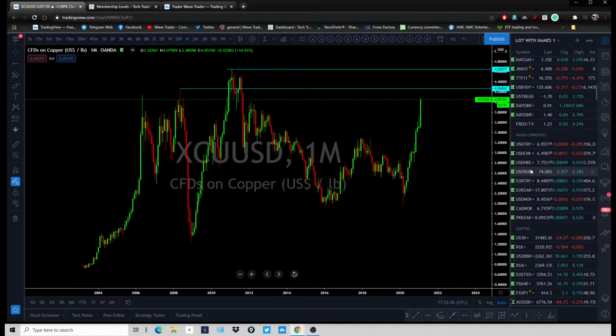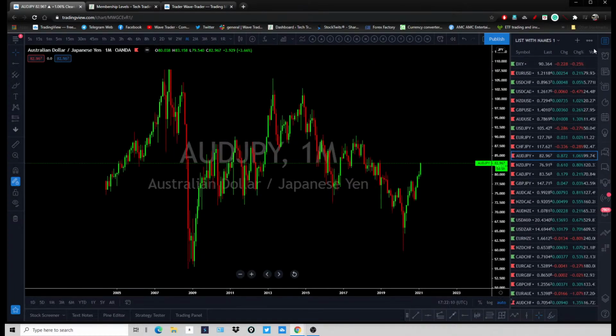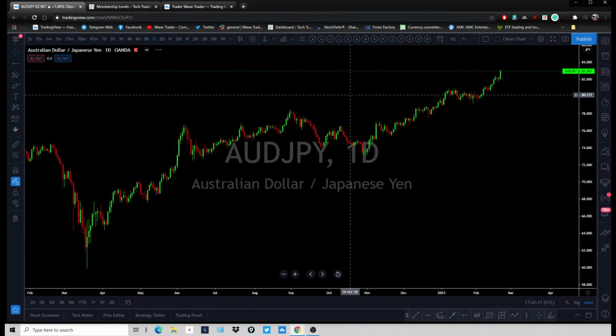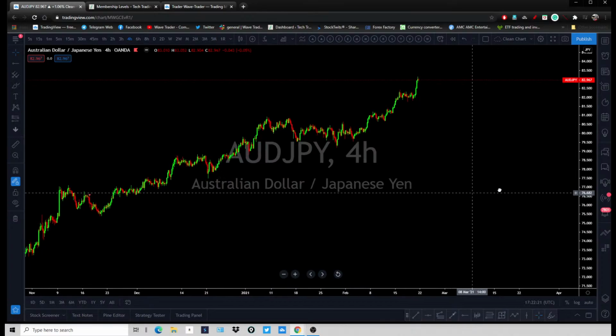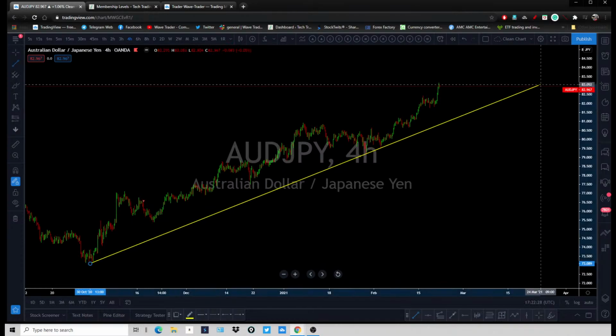If I look at this Australian dollar and yen, this still has the potential to push higher. Looking at the lower time frame and 4-hour time frame analysis, rather than the bigger time frame, as you remember, last week I was asking you to look for another leg higher.